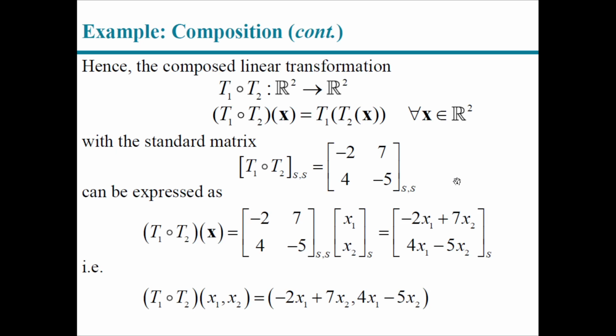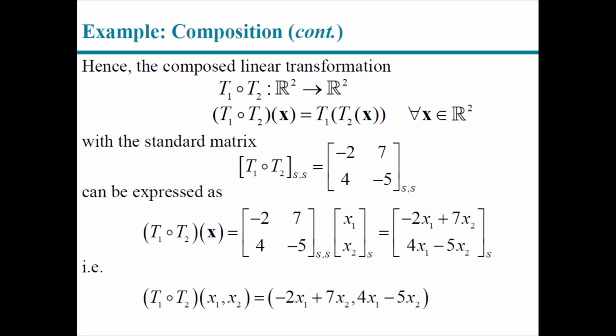If I want to get more specific here, I can use this standard matrix and then just multiply it by the standard coordinates of a vector x1, x2, which is the same as vector x1, x2, by the way, because it's the standard basis for R2. And all I do is just write the components here. So this is expressed in a similar way as the linear transformations T1 and T2 at the beginning. So this is just to mirror the same notation.